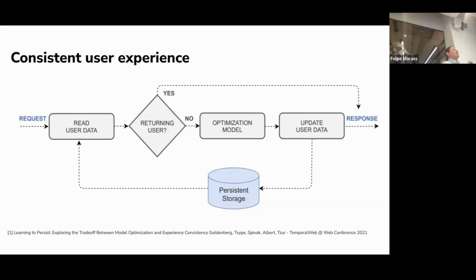Of course, here you have a trade-off, because if the user already was exposed to some treatment, you can still show the same treatment to that user, but that means that exploration is done a little bit differently now, right? So it's also addressed in that paper. If you're interested in details, please check.